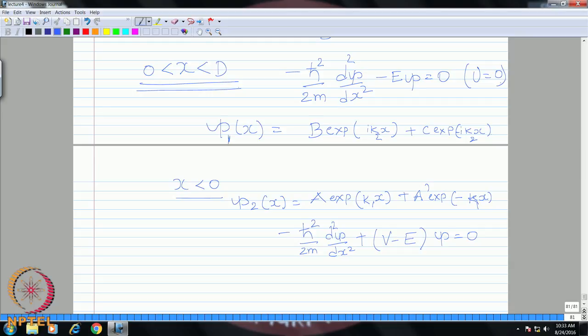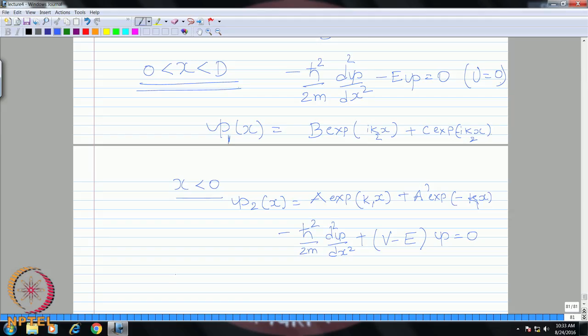But this will be so only when V is greater than E. I mean, we are just writing it in a form like this so that we are dealing with the real part, not the imaginary part. Why? Because we will now apply a condition.